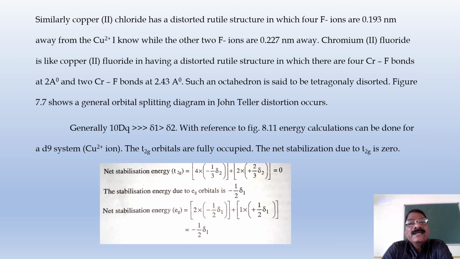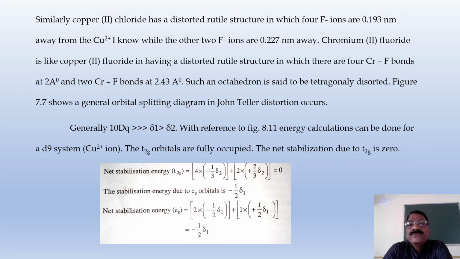Similarly, copper second fluoride has a distorted rutile structure in which 4 F minus ions or ligands are 0.193 nanometer away from the copper 2 plus ion, while the other two F minus ions are 0.227 nanometer away.